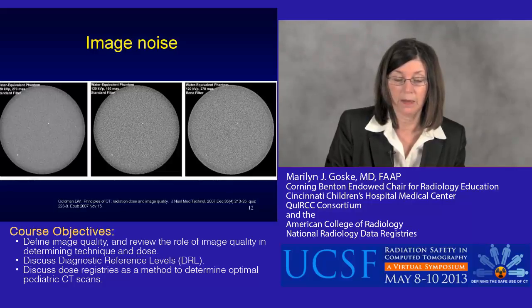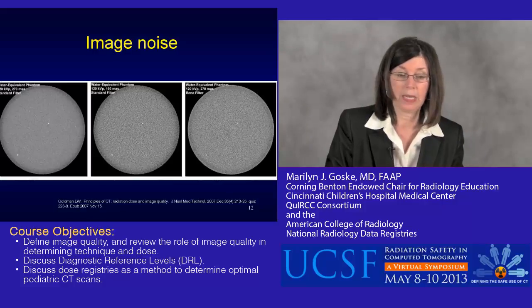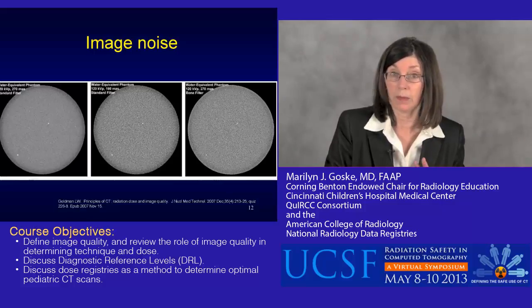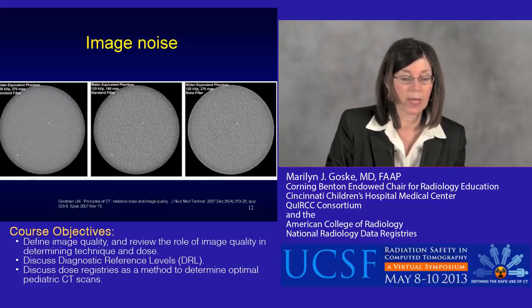And finally, this last image shows using a different filter, and you can see that this salt and pepper appearance is slightly sharper than before. So I think this slide really brings up the idea that noise is really part of the information that we need as one of the parameters in developing technique.